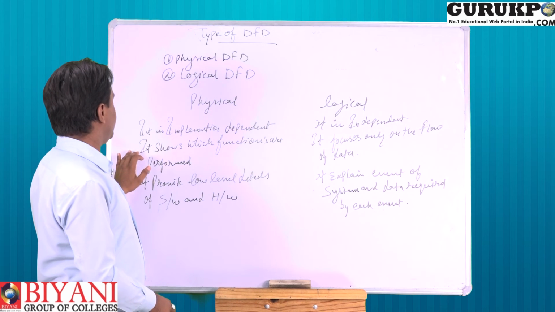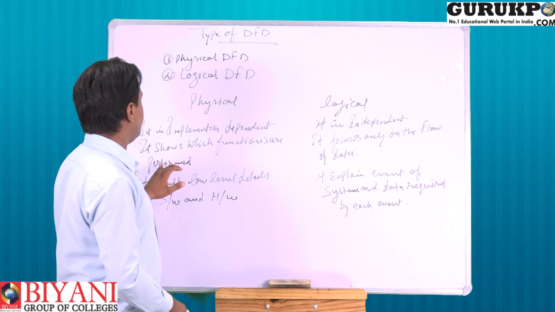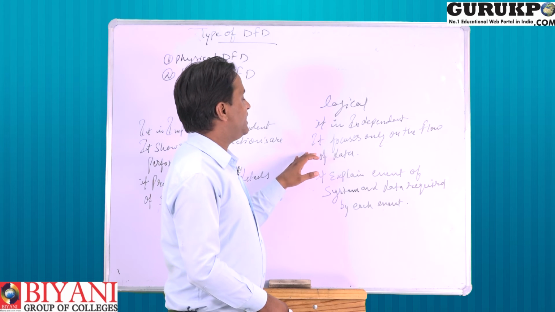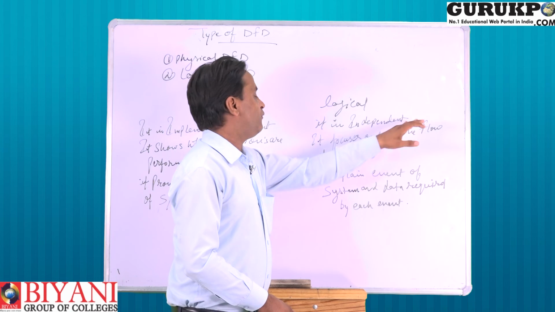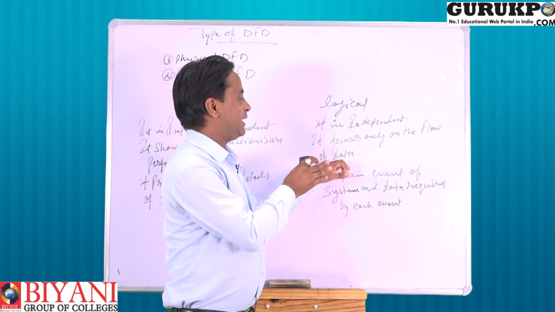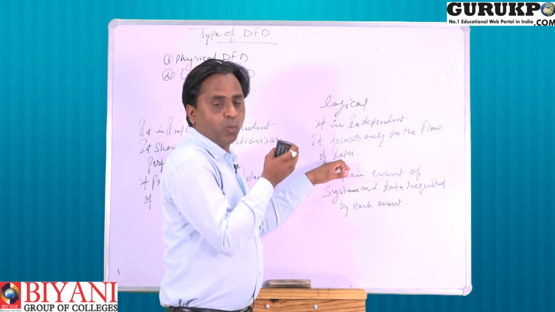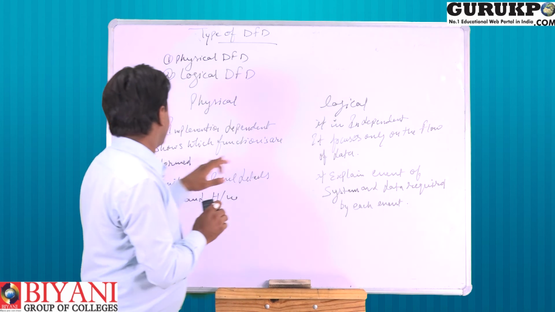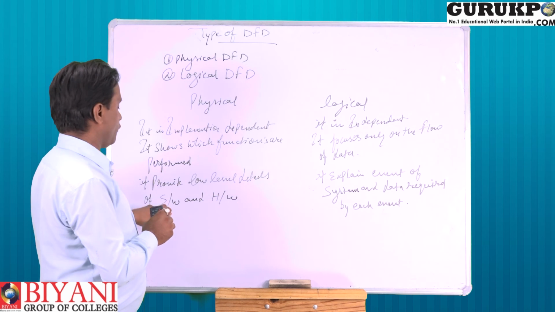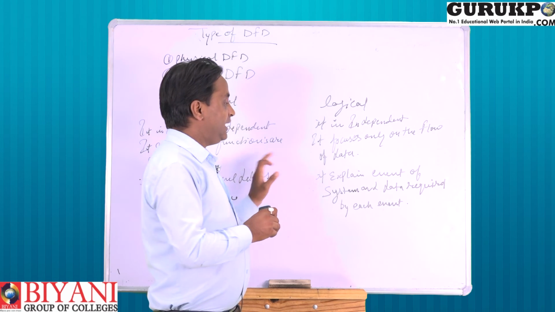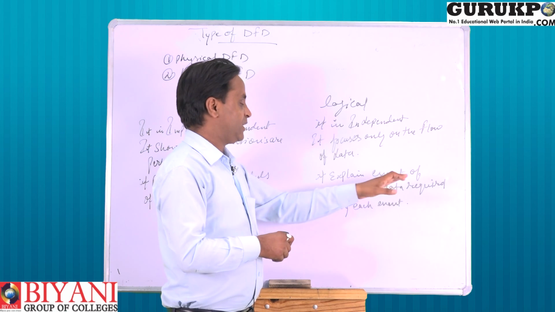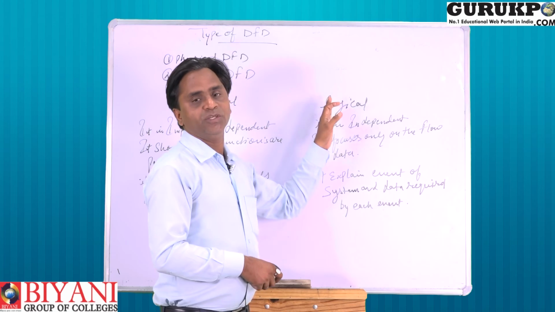Physical DFD shows which functions are performed, and logical DFD focuses only on the flow of data, basically on how data can flow. Physical DFD provides low-level details of software and hardware, and it explains events of the system and the data required by each event in logical DFD.